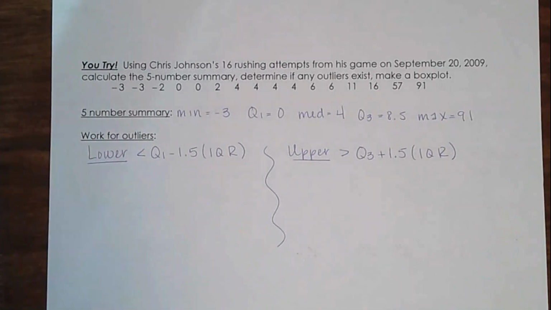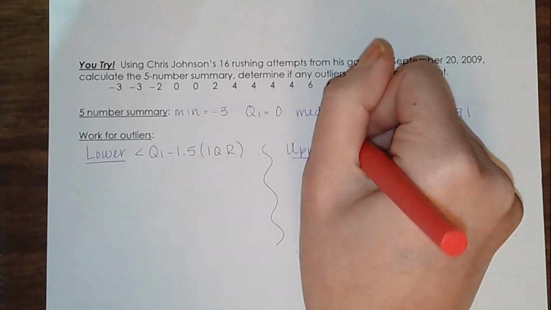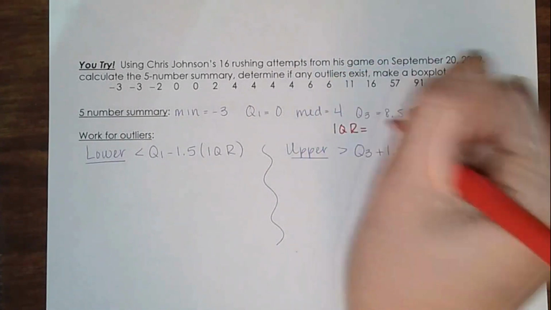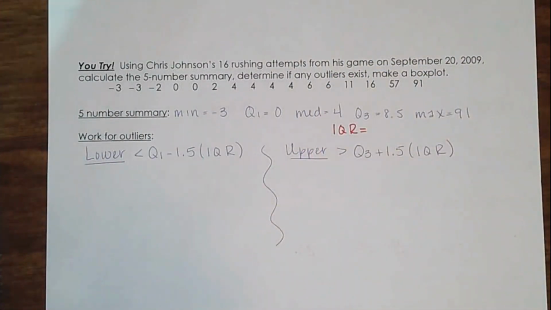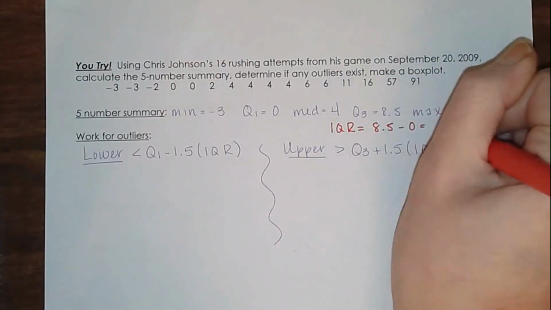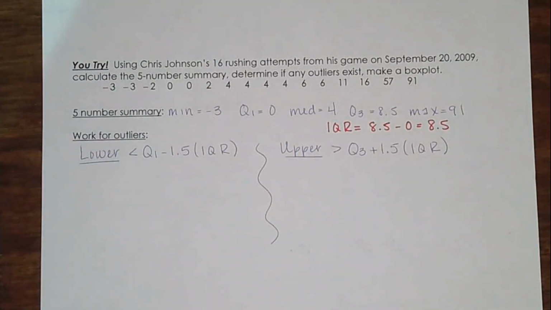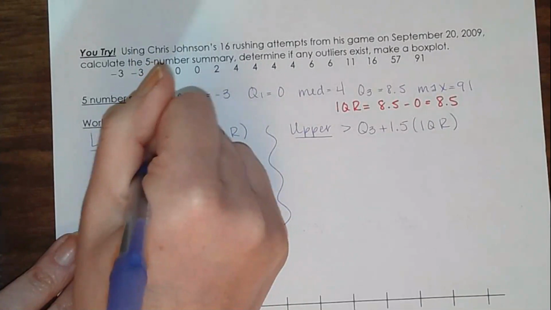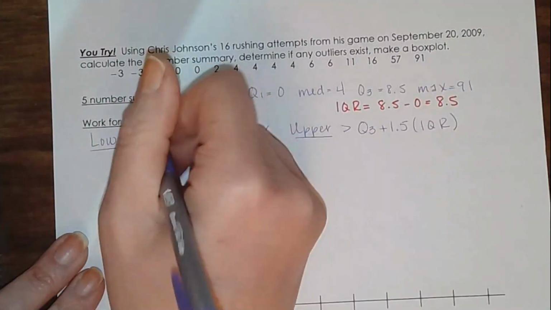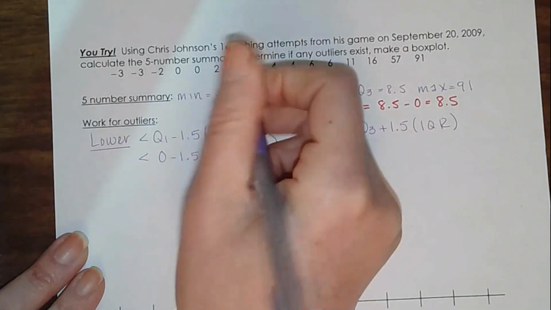Quick recap, how do I find IQR, you guys, from the previous page? What 2 statistics do I subtract? Q3 and Q1, so that would just be 8.5 minus 0, so that's 8.5. So I'm substituting the values for the different statistics.